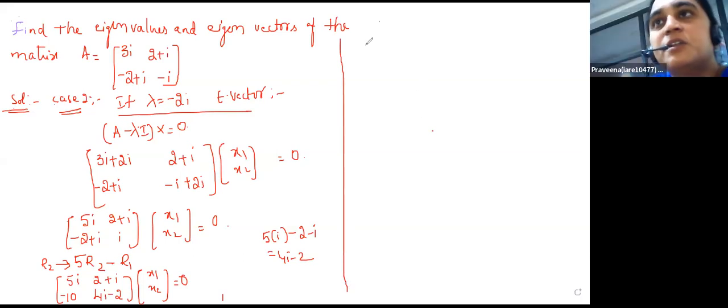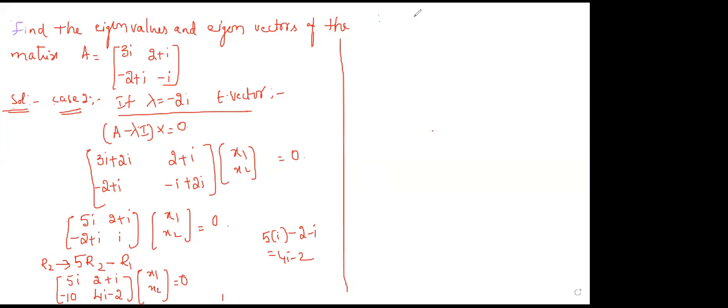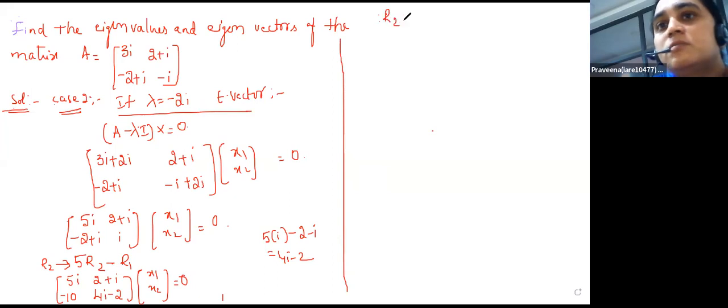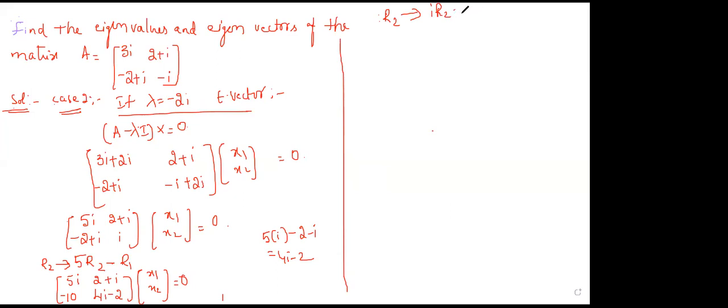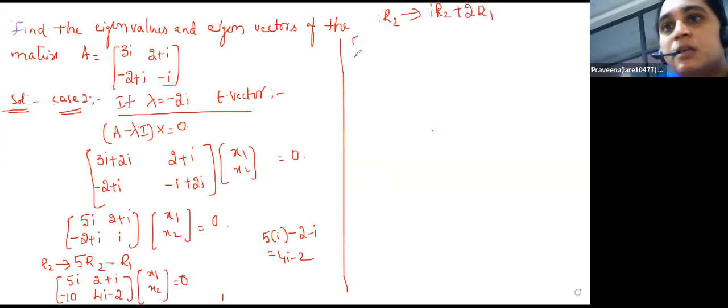Okay. Next, tell me the next row operation. Girl side, tell me, ma. R2 tends to IR2 plus 2R1. Right. That is 5i, 2 plus I. IR2 means that is minus 10i plus 2 into 5i, that is 0. Okay. Next one, tell me IR2. I'll write here that simplification.